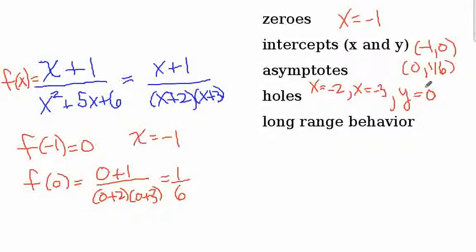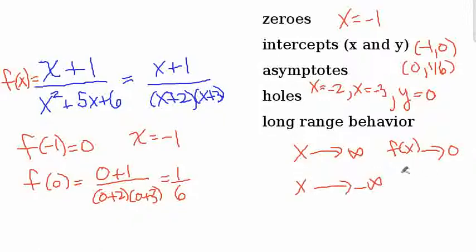The way you could write it, let's do that before holes, you would say that as x approaches positive infinity, the function is approaching 0. And likewise, as x approaches negative infinity, in this case it's the same both ways, the function is approaching 0.